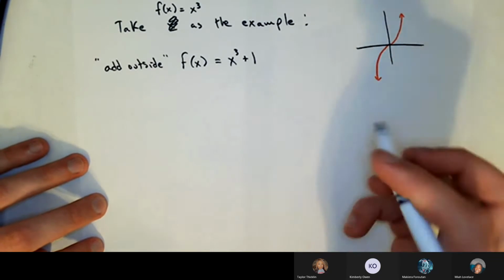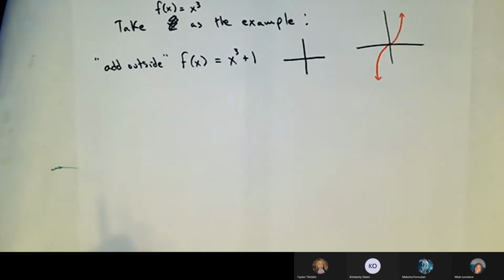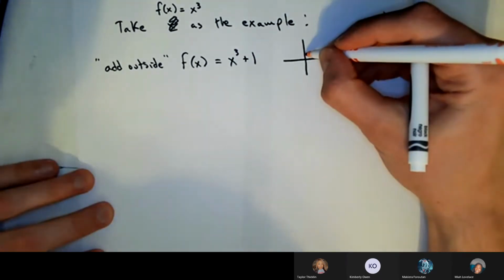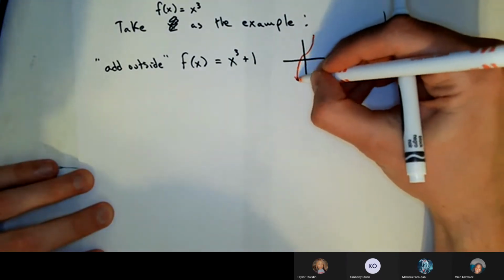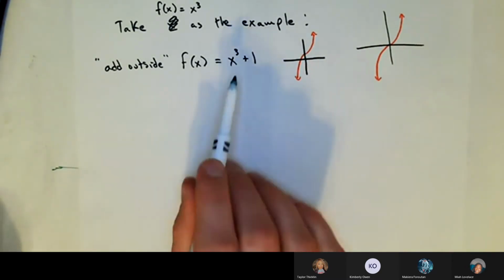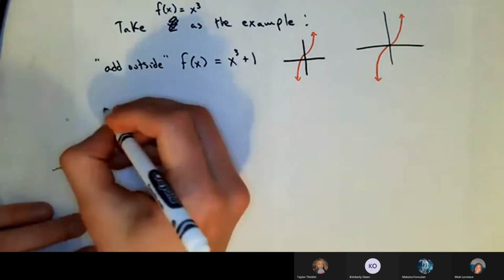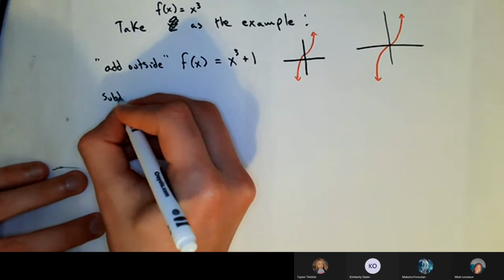That's going to lift this graph up by 1. So it'll look more like that. And I'm just going to say plus 1. It's a very easy number to add, right? It just scoots it up by 1 there. What if I subtract outside?